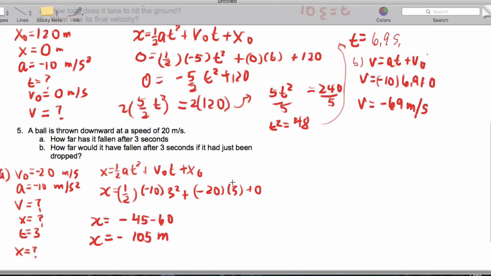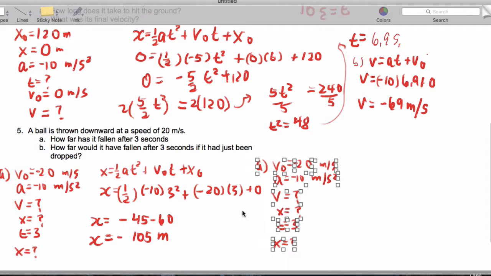That's if you have an initial launching speed. Now for part B, it's going to be very similar data. In fact, I'm just going to steal a lot of this stuff here. And we're going to change one thing, two things actually. This is part B. And this is now 0 meters per second.